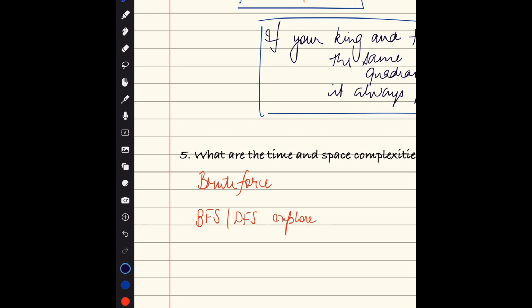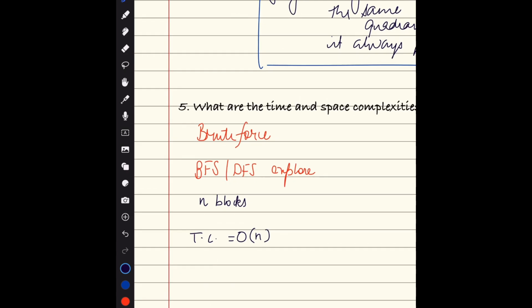So that means I will be exploring n blocks, or n squares. The time complexity in that particular case would be order of n.